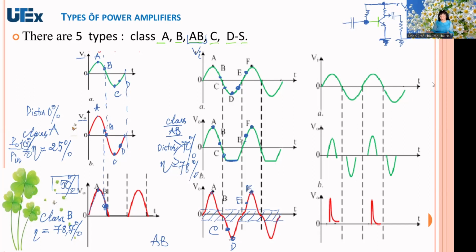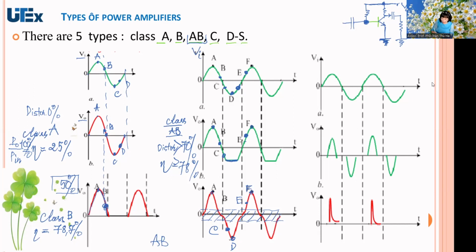What is the meaning? It means we mix class A and class B for receiving lower distortion, but with a little bit higher efficiency coefficient.